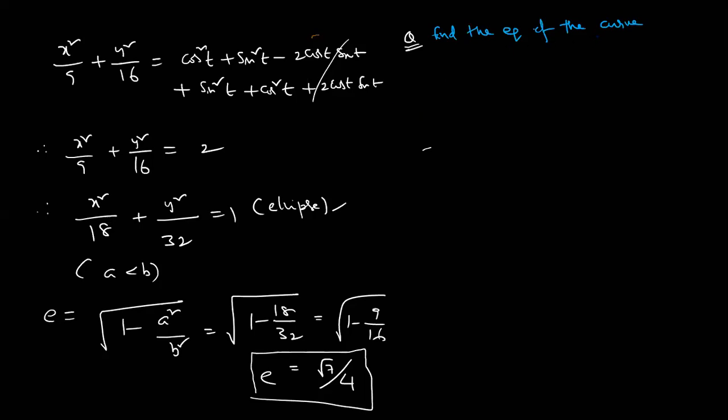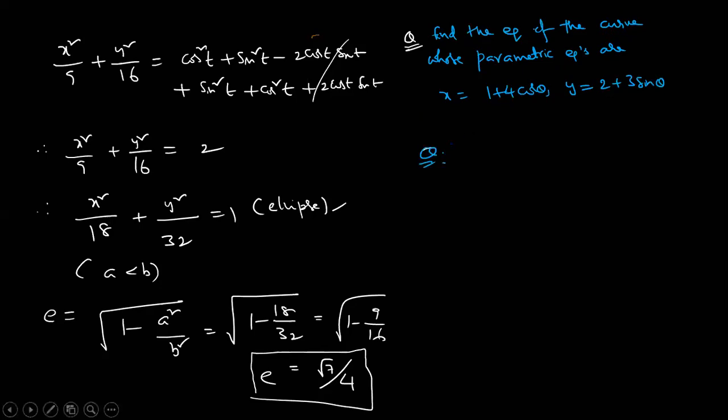Find the equation of the curve whose parametric equations are x is equal to 1 plus 4 cos theta, y is equal to 2 plus 3 sin theta. That is the question, dear students. You can practice it later. What is the equation of the curve that is coming?